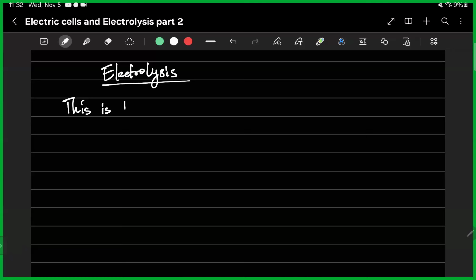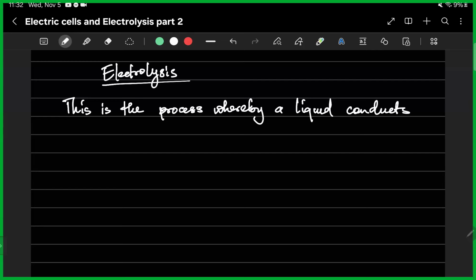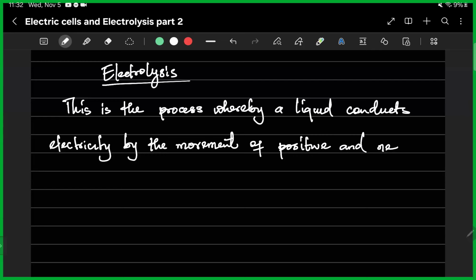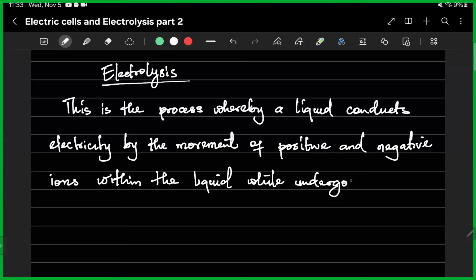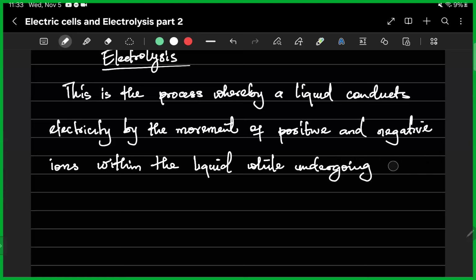This is the process whereby a liquid conducts electricity by the movement of positive and negative ions within the liquid while undergoing chemical changes.